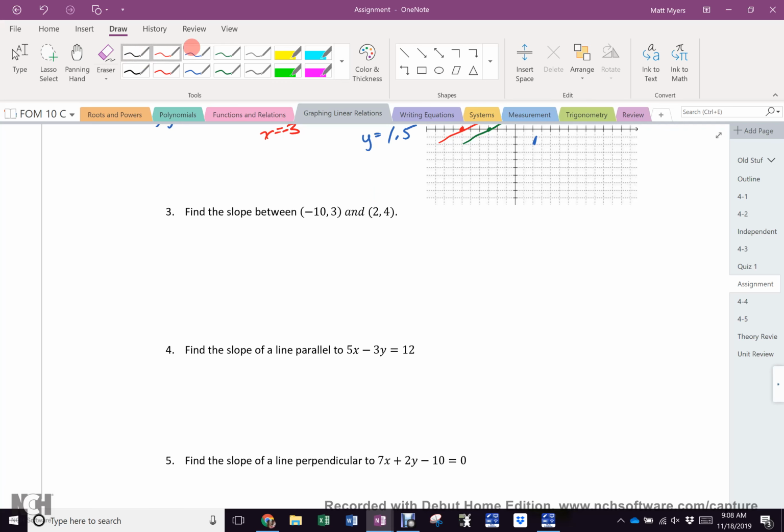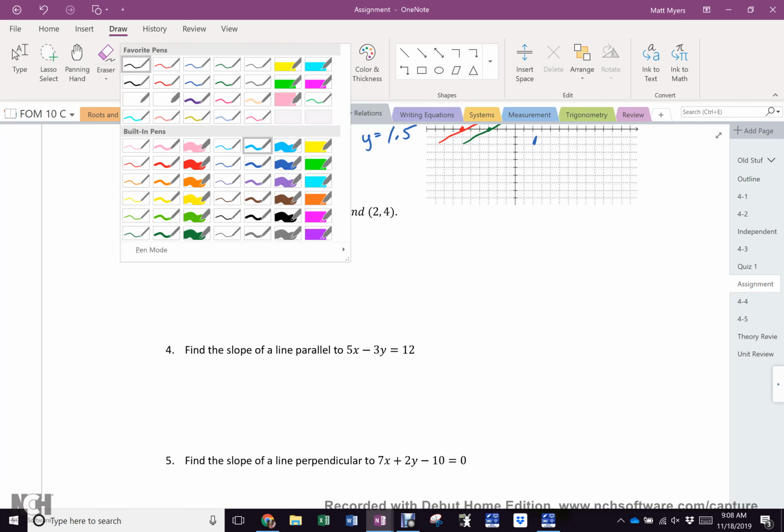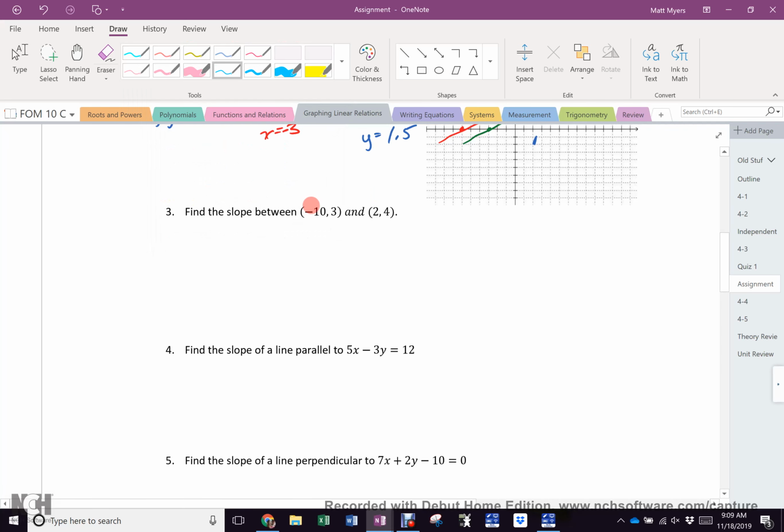So I'm going to write it in the most counterintuitive way possible. I'm going to make these guys my 2's, even though they're the first ones I see. And I'm going to make these guys my 1's.